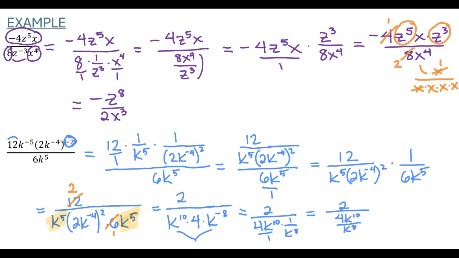And now I can think about it as canceling. Looking at the k's, there are 10 on the top of that fraction and 8 on the bottom, so I can cancel out 8 of them, and all that will be left is 2 of them in the top.